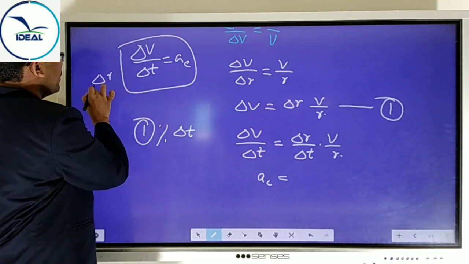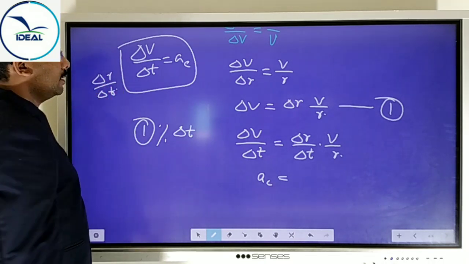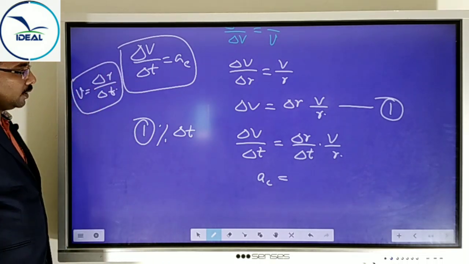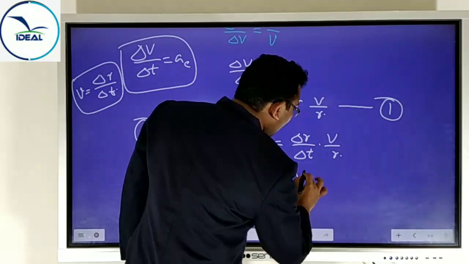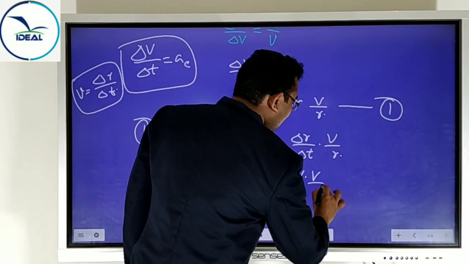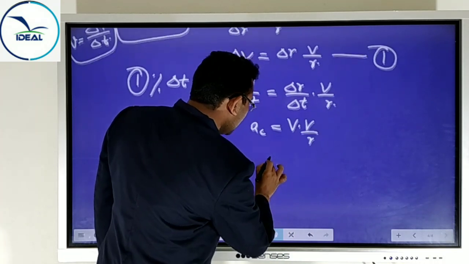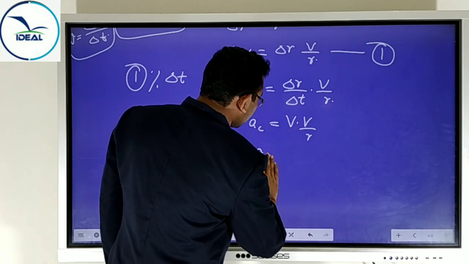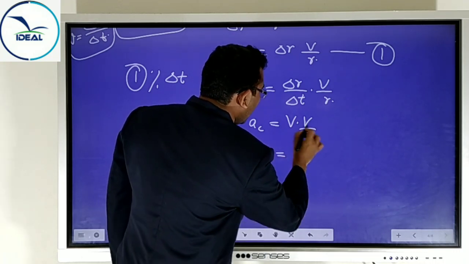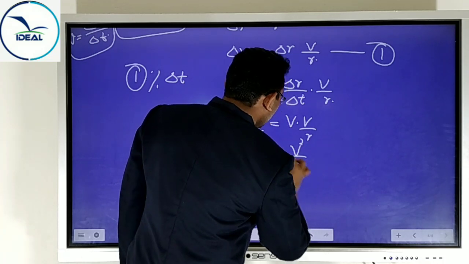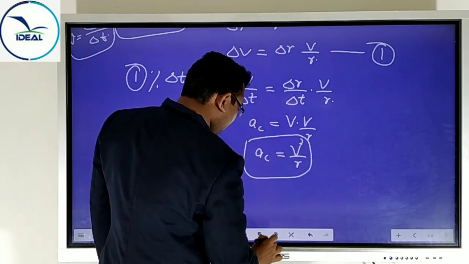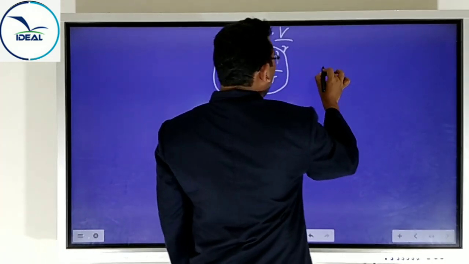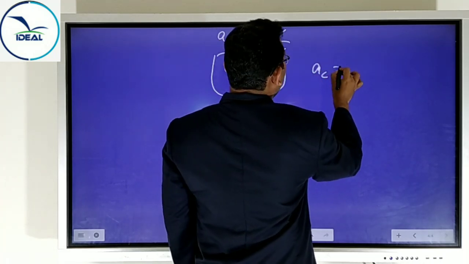Delta R means displacement, so delta R by delta T is the linear velocity V. So AC equal to V into V by R, that is V square by R. Very important equation: the magnitude of the centripetal acceleration is AC equal to V square by R.